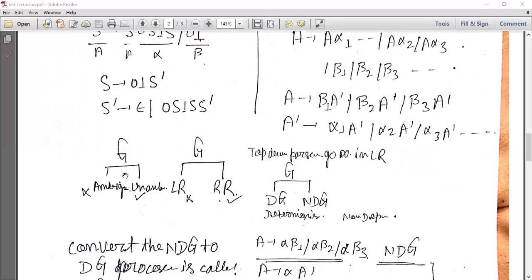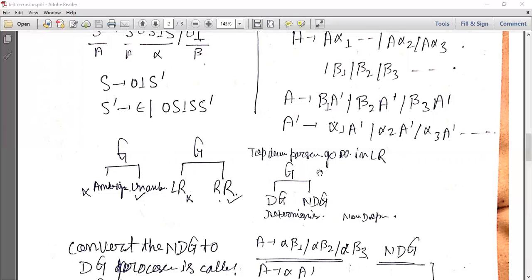One question arises: sir, why is left recursive grammar not used? If you use left recursive grammar, it goes to infinite time. So compilers always avoid left recursive grammar and use right recursive grammar. If left recursion occurs, we remove it with the help of the formula and convert it into right recursive grammar.